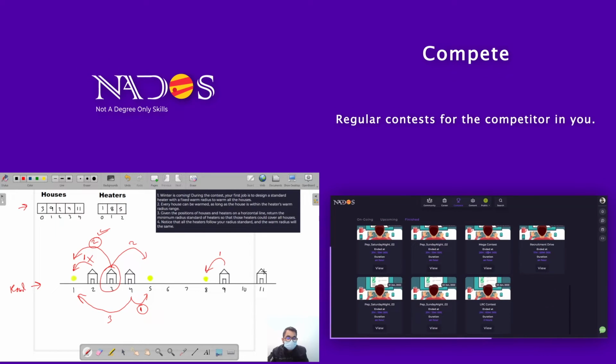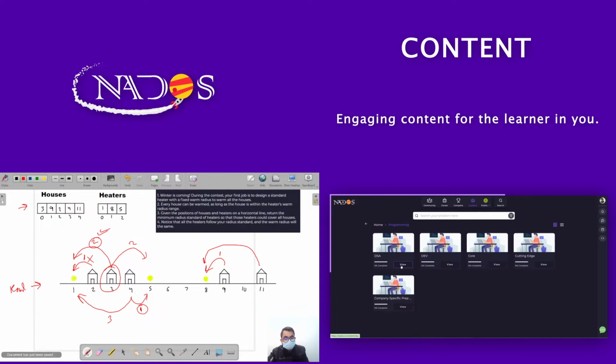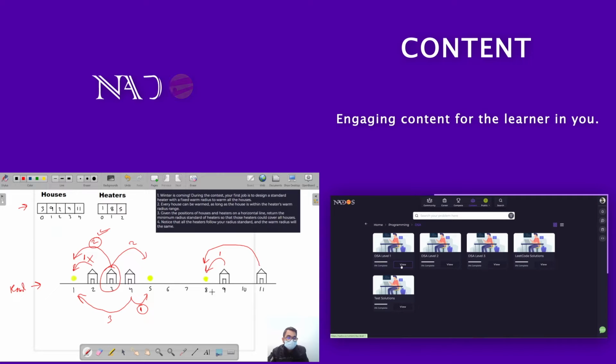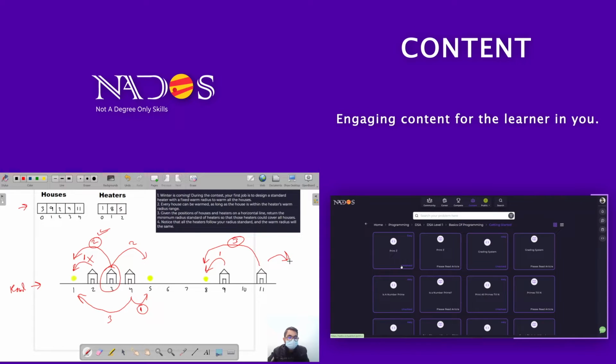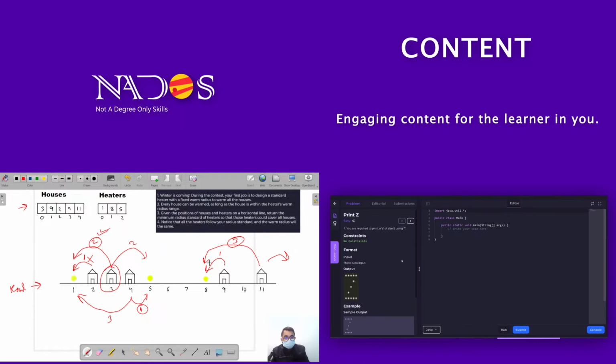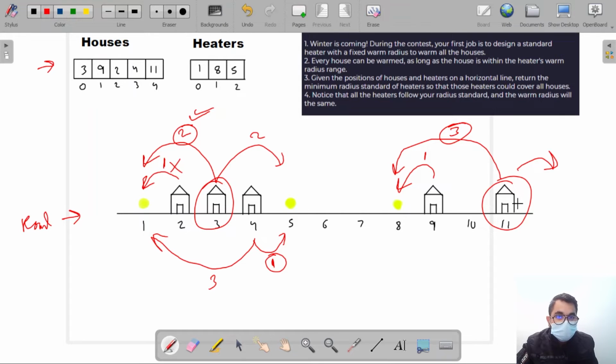Okay, now coming to my last house, the nearest heater is heater number 8, the heater kept at position 8, and the distance is at least 3, and there is no heater on the right side. So to keep this 11th house warm, the range of heater number 8 should be at least 3.